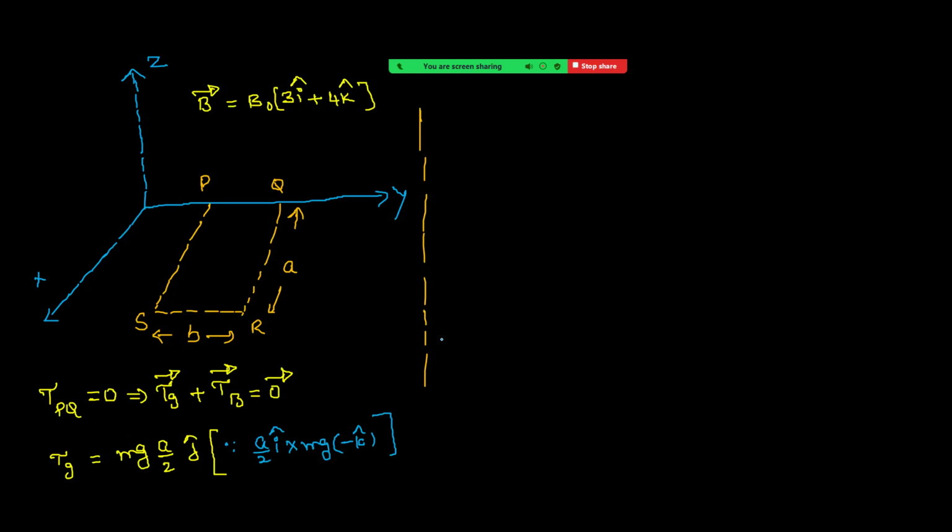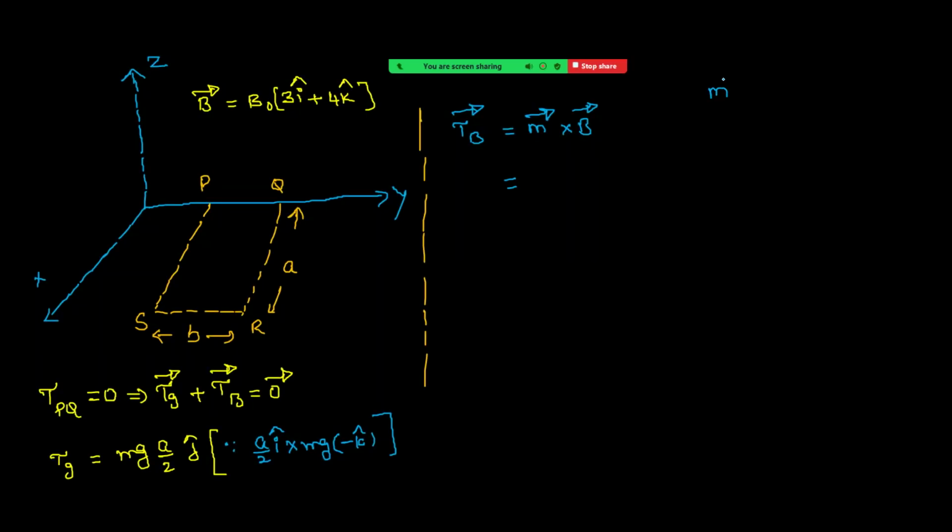Okay, then see here what I am doing. Torque due to the magnetic field is m bar cross B bar. Right. The direction of m bar we do not know right now. So first of all, I'm focusing on the modulus value.